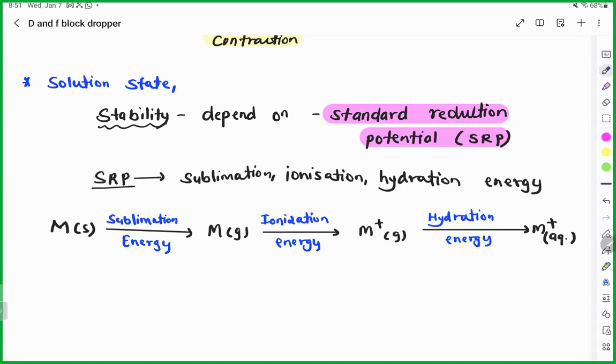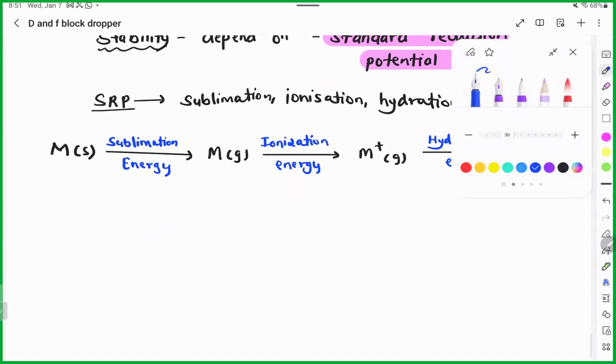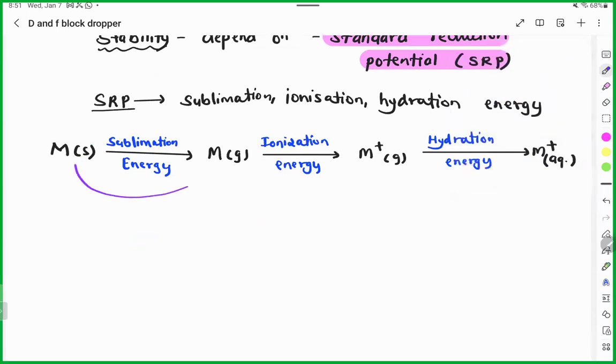Correct? Because most of the time in this case, you need energy. So heat is absorbed. Only in the hydration it is decreased. Example, if you take this from solid to gas, is it endothermic or exothermic, Samarth?